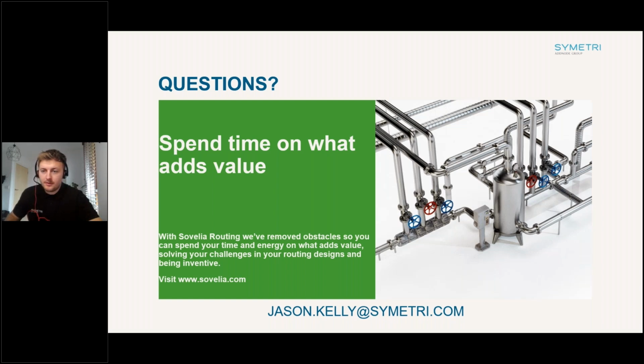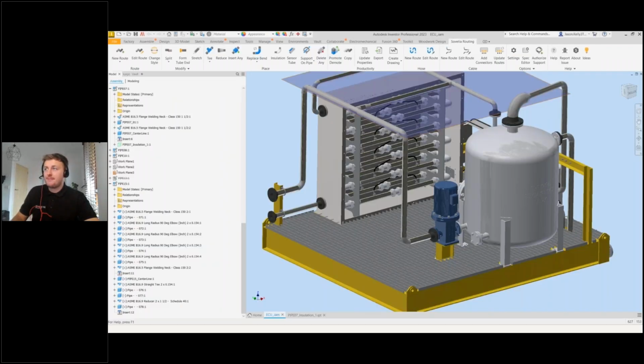Is there any drawing automation included? Yes, there is drawing automation included in the output option. If I just quickly jump back in, we've got the create drawing with options. You're going to be basing it off a template.